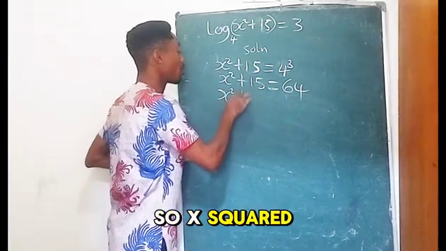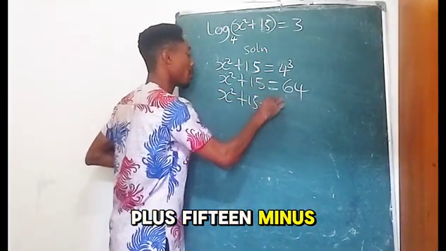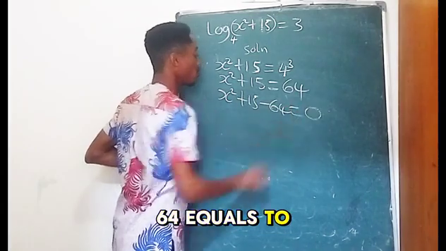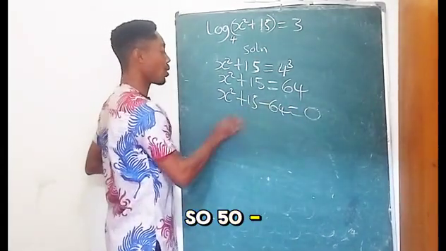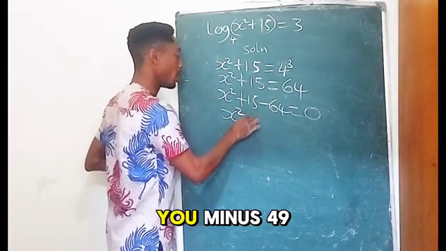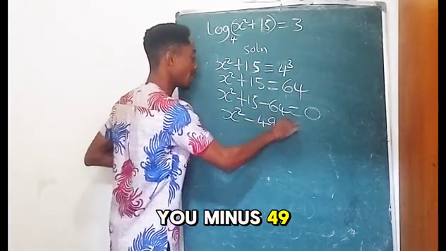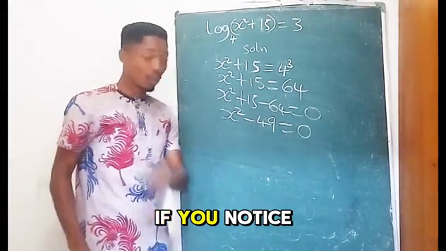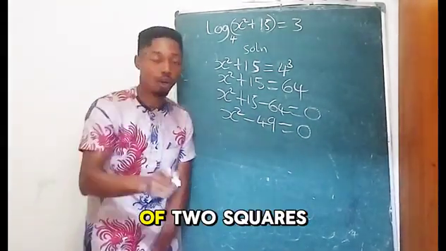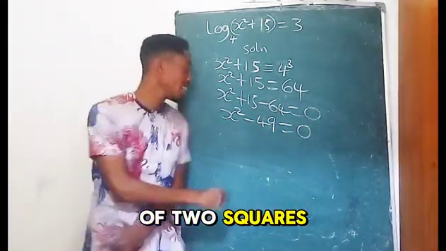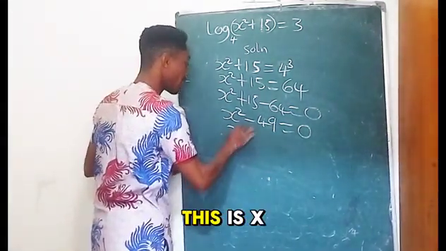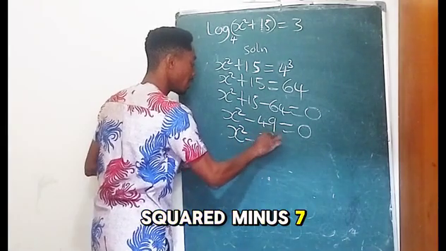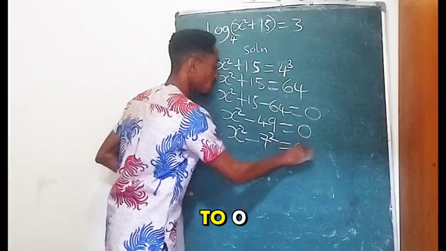So x squared plus 15 minus 64 equals 0. So 15 minus 64 gives you minus 49 equals 0. If you notice something, this is difference of 2 squares. From difference of 2 squares, this is x squared minus 7 squared equals 0.